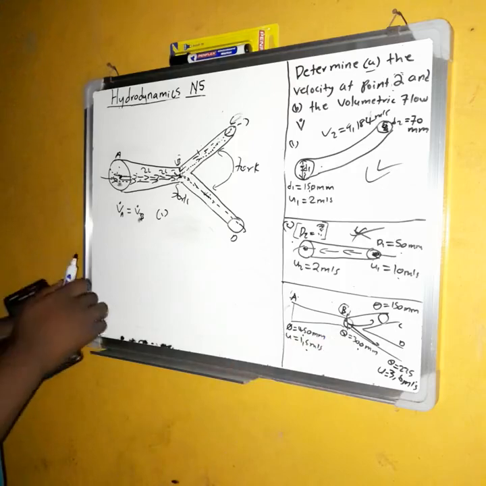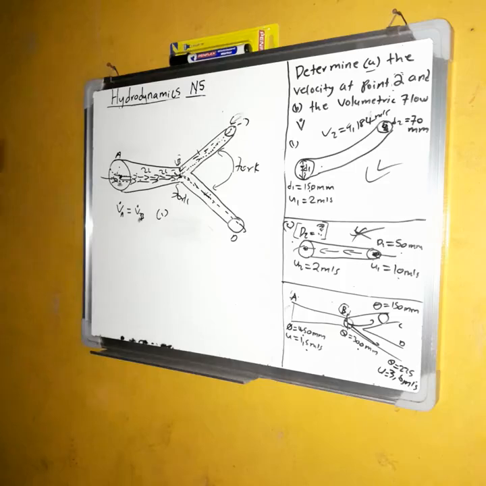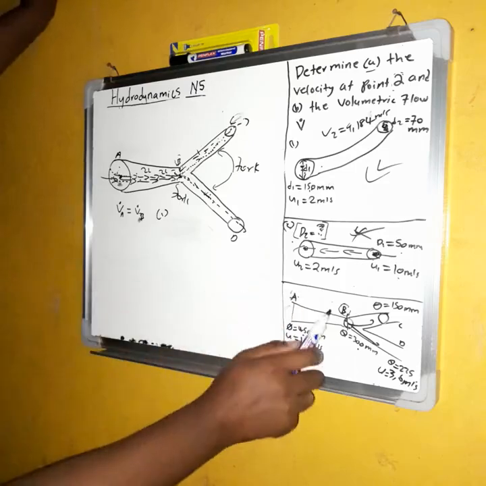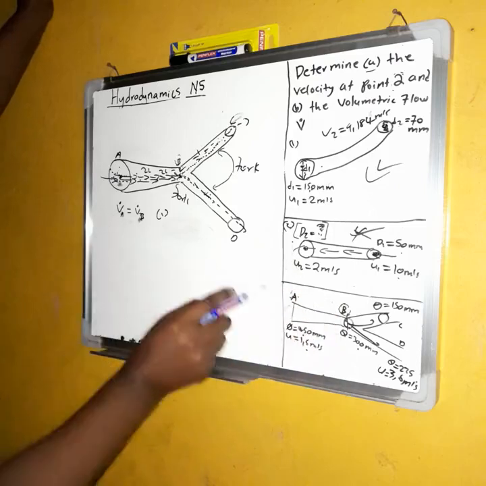So we can use the flow, the volumetric flow from A to B. We can use the conservation of mass, the continuity. We can use this formula.